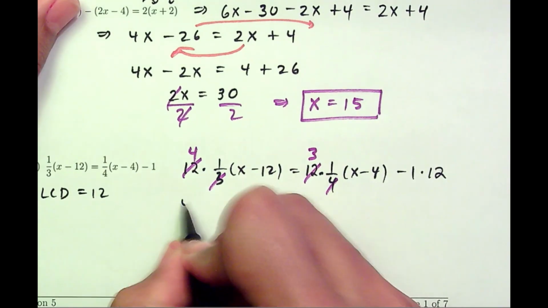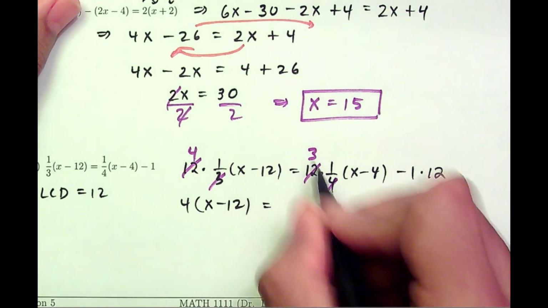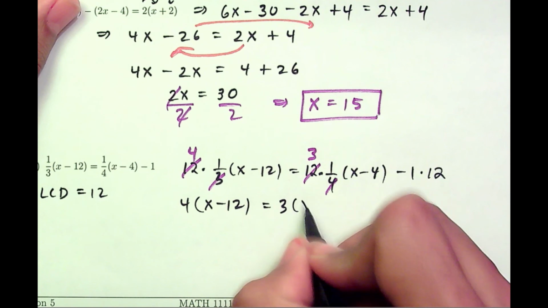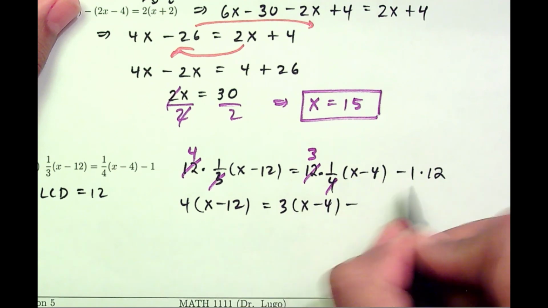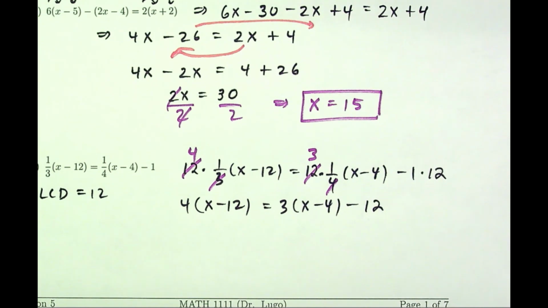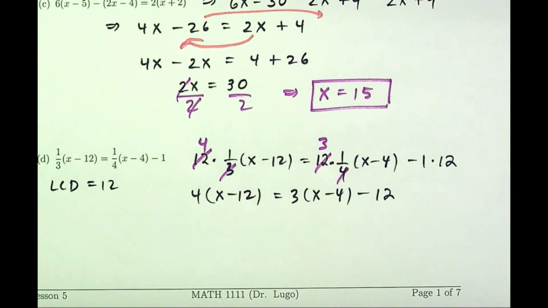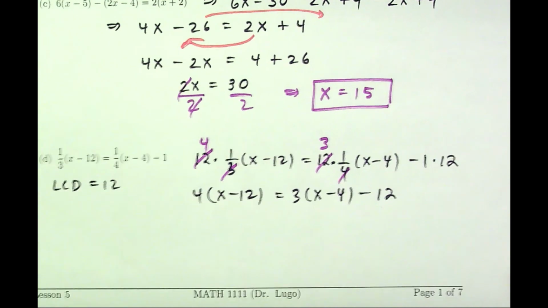You're left with 4x minus 12 equals 3x minus 4, and then 1 times 12 is 12. And now you see you have an equation that is just like the ones above. Everything is a whole number, and it should be easy to solve. So that is the trick. If you see fractions, get rid of all the fractions right away by multiplying everything by the LCD.